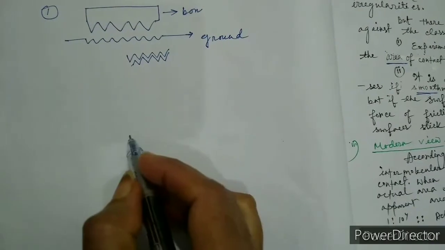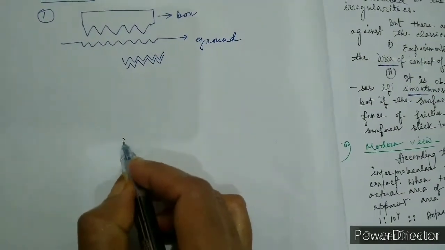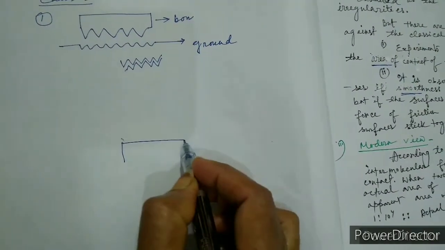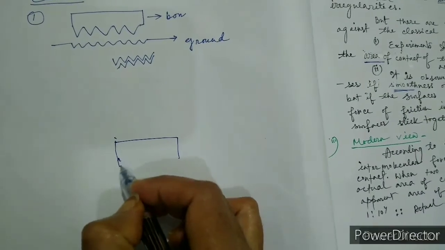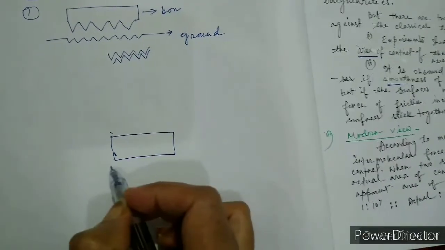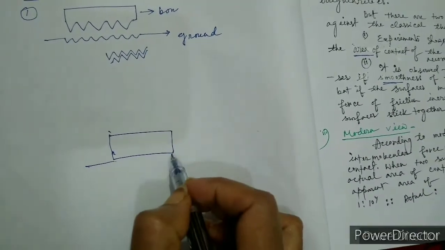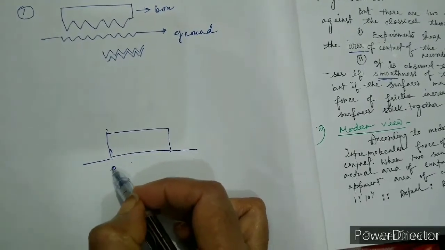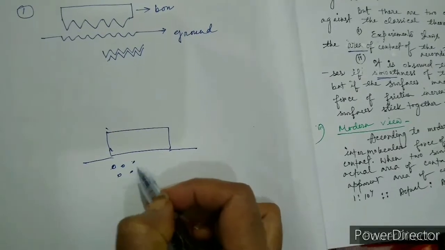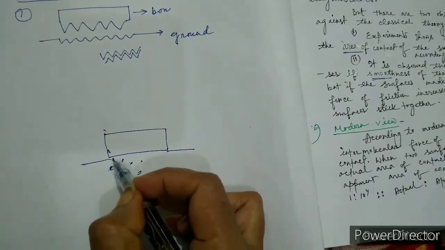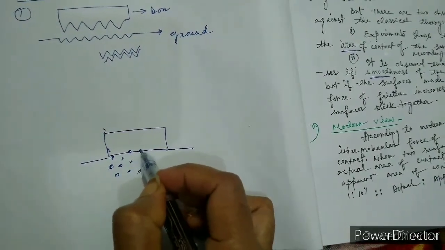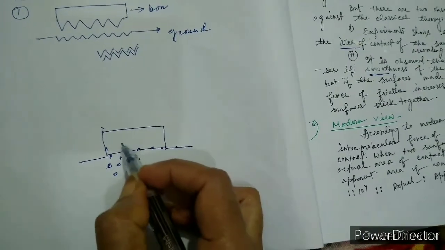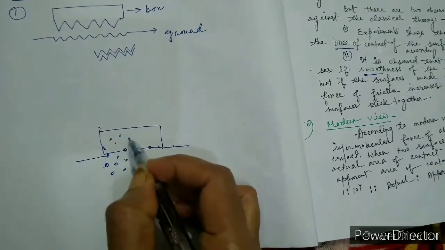All of you know that everything in this world is made up of molecules. Suppose this is a box, it is also made up of molecules, and the ground over which it is trying to slide is also made up of molecules.